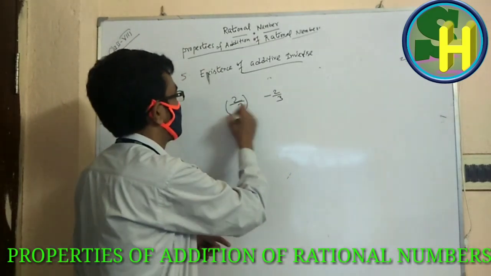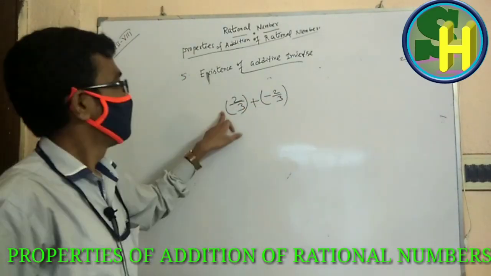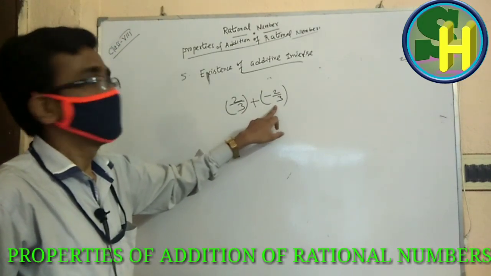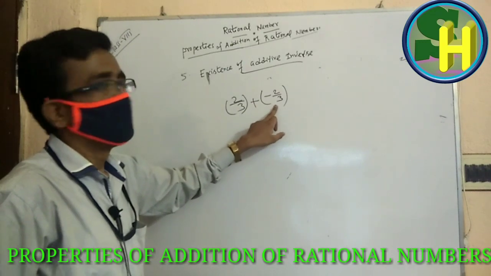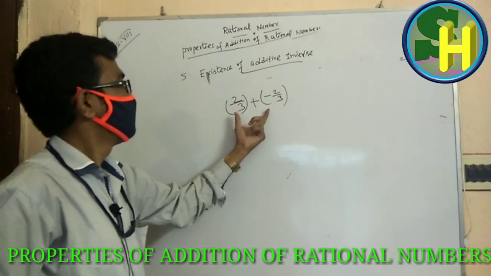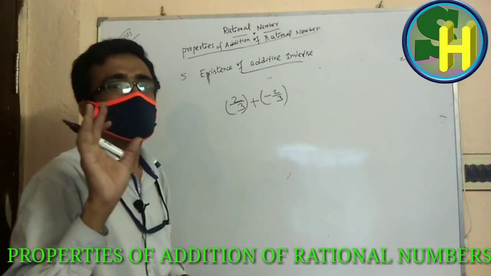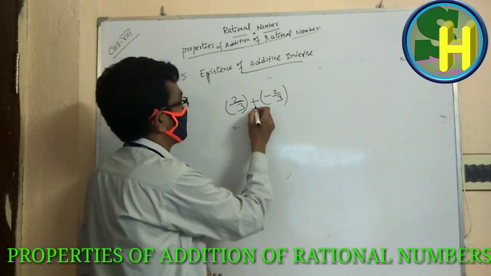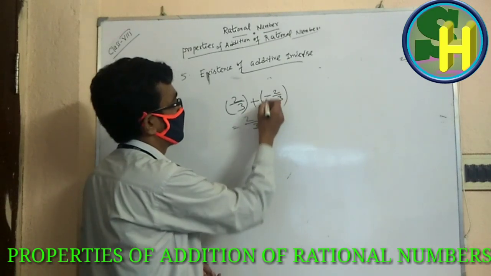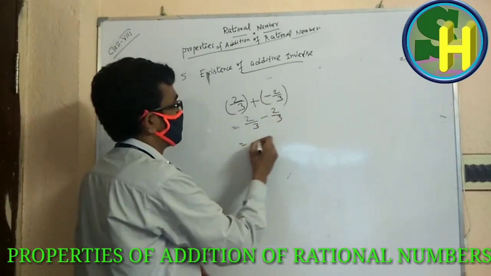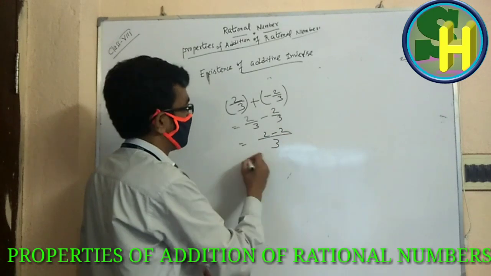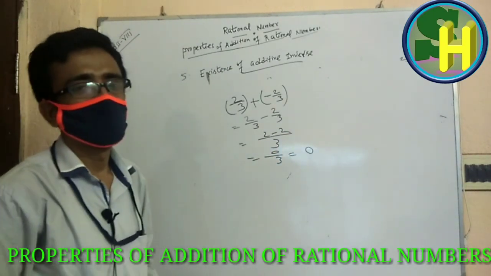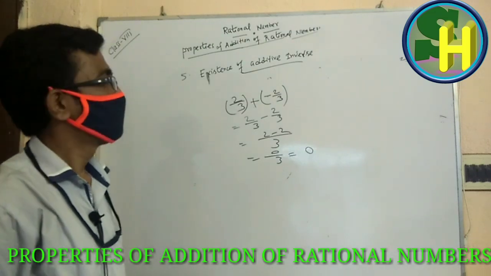The sum of the two rational numbers, this being the inverse of that particular rational number, will always result in 0. That is 2 by 3 plus minus 2 by 3. So 2 minus 2 over 3, so 0 by 3 is 0. Clear?